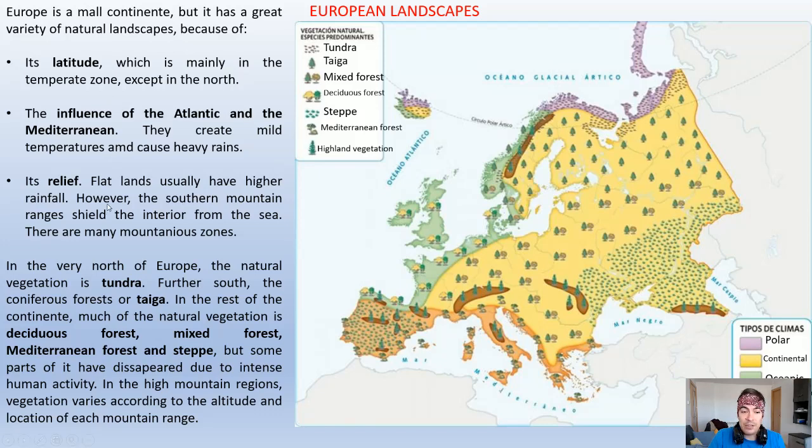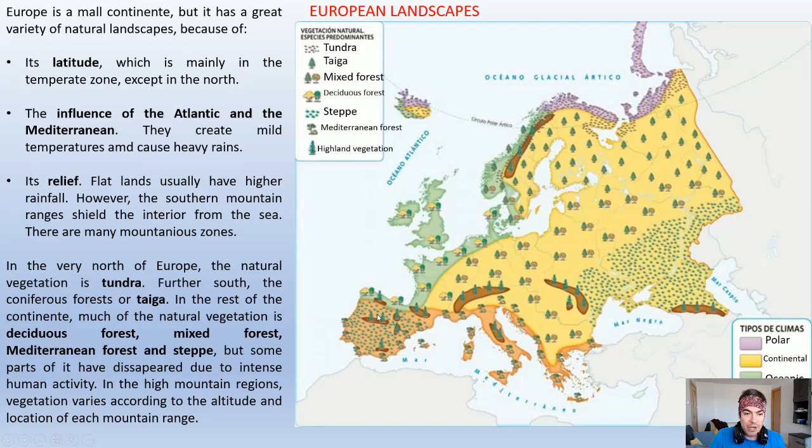The flatlands usually have higher rainfall. Here, all this area, you remember the map exam, this is the Great European Plain. However, the southern mountain ranges, these ones in brown, shield and protect the interior from the influence of the sea, so they have a different vegetation.